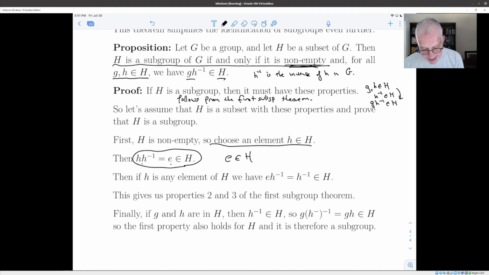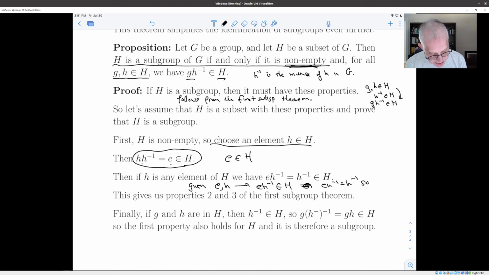Now, if we take any element of H, call it little h, and we combine e and h to be the g and h in the property, we have that e h inverse has to belong to H. But e h inverse is equal to h inverse.